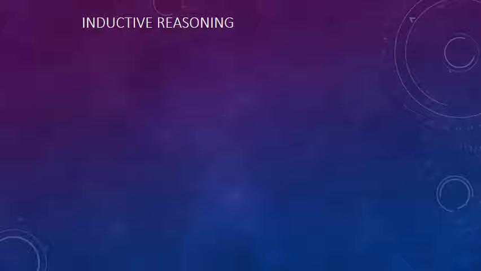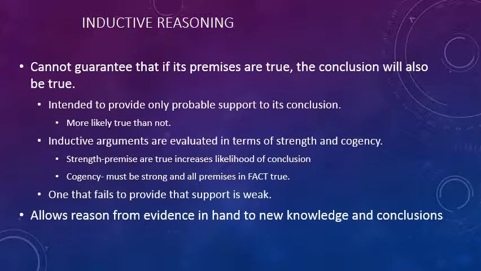In inductive reasoning now, that is not the case. You cannot guarantee that its premises are true, nor can it guarantee that the conclusion will also be true. It's only saying that it will be probably true. The intent is to provide only probable support to its conclusions. Inductive reasoning is really used when it comes to scientific investigation.